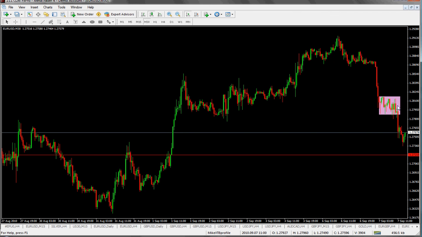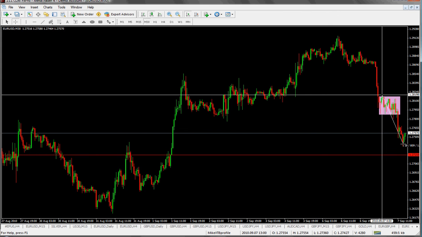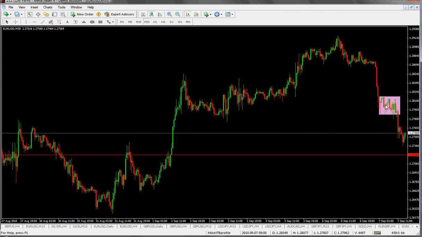And the point is, when you feel like the real sellers came into the market and the trend is changing and there is a situation where you can take 50, 100 pips, well, first thing you could do is take double action. I mean, sell two parts of the contracts.